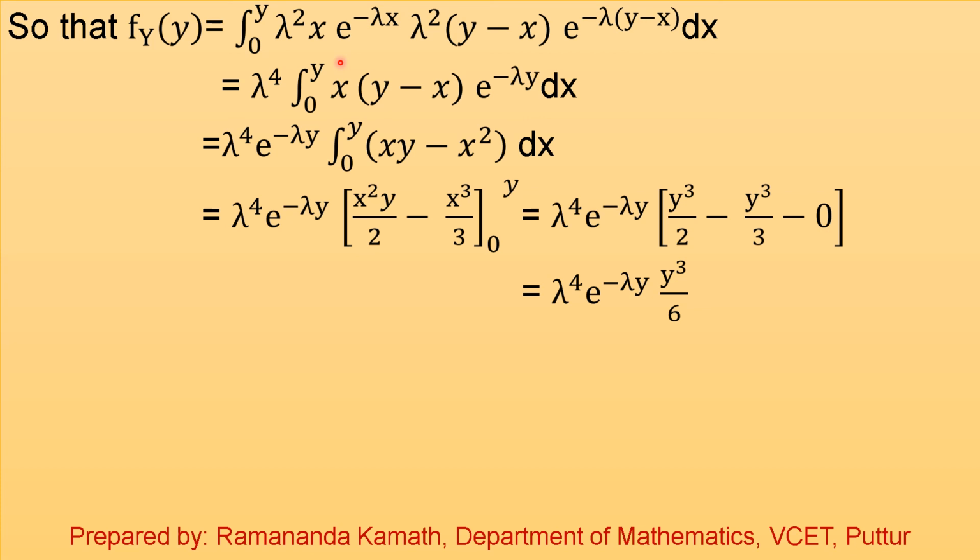Lambda square into lambda square is lambda power 4, kept outside the integral sign. Then e power minus lambda x and e power plus lambda x cancel. Remaining is e power minus lambda y dx. And x should be greater than 0 by the definition of PDF, and less than y. So integral 0 to y.